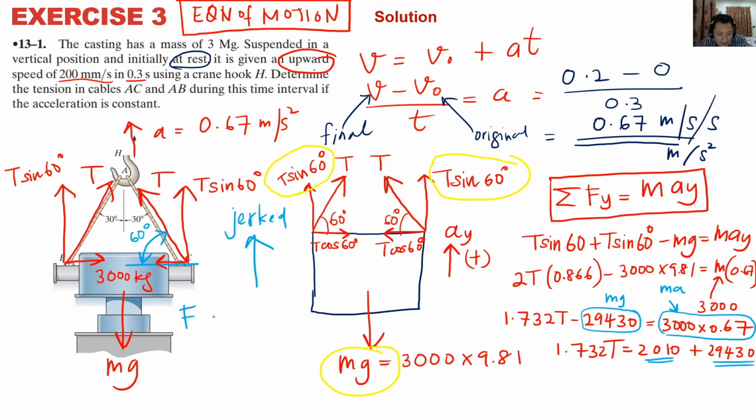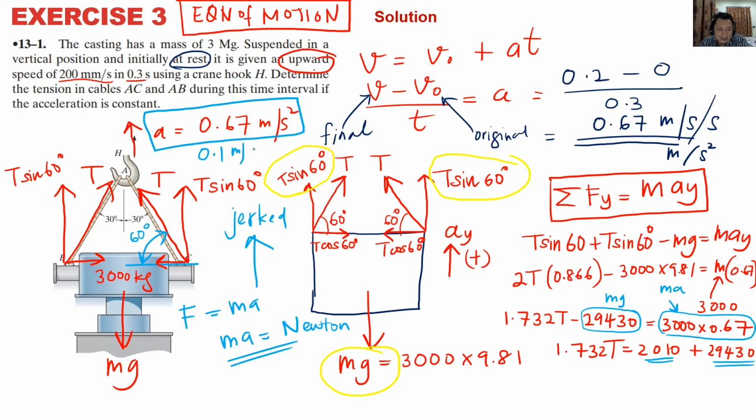Remember, F equals ma. So mass times acceleration gives Newtons. It has an additional 2010 Newton because it is jerking, accelerated at 0.67. If the acceleration is less, say 0.1, this value will become lower.